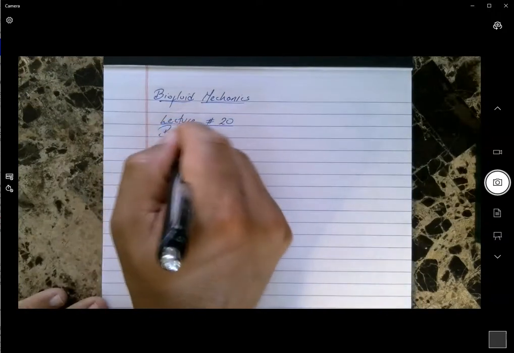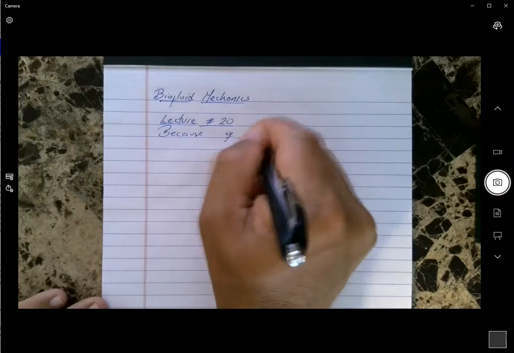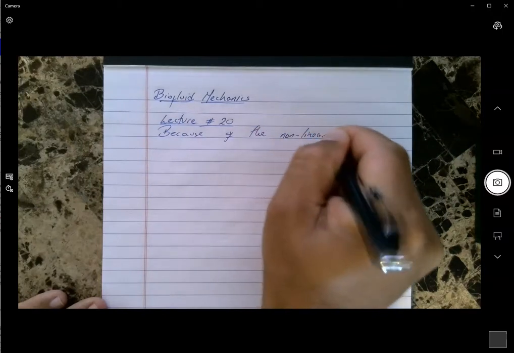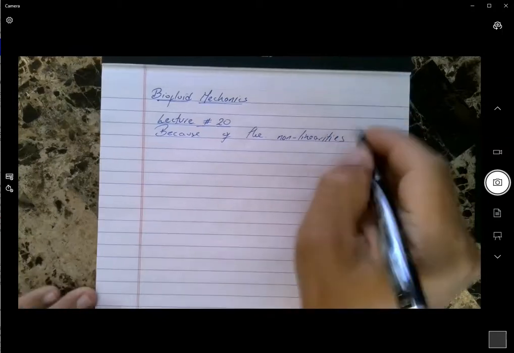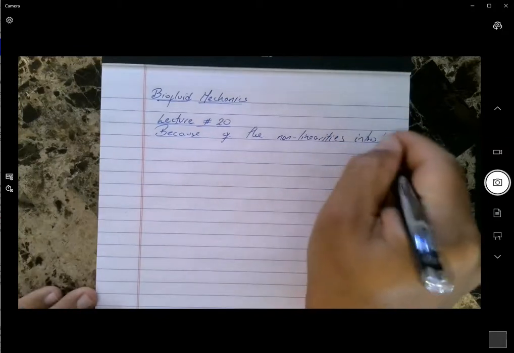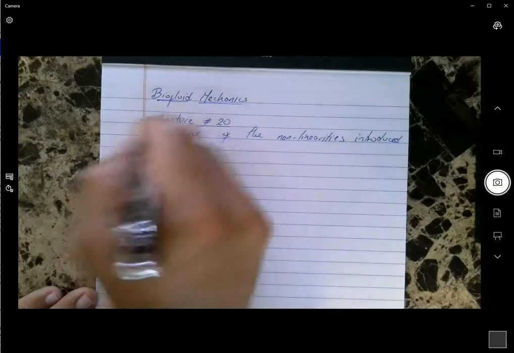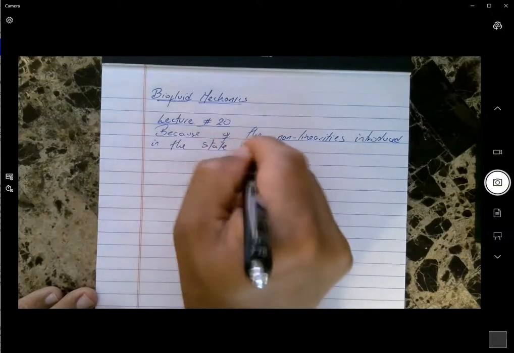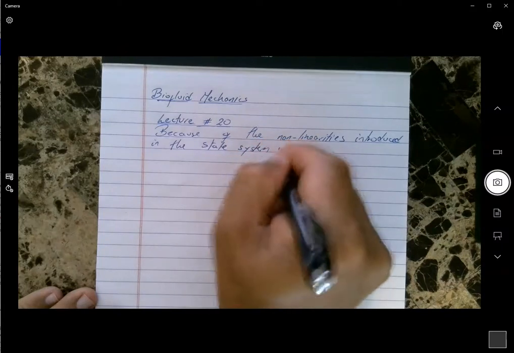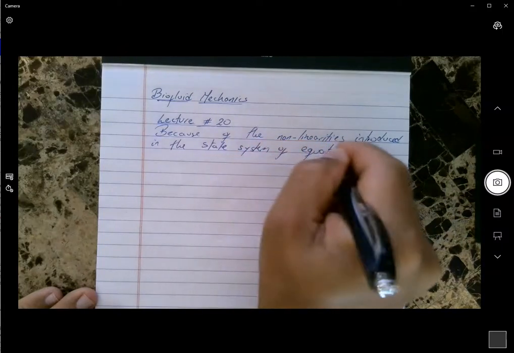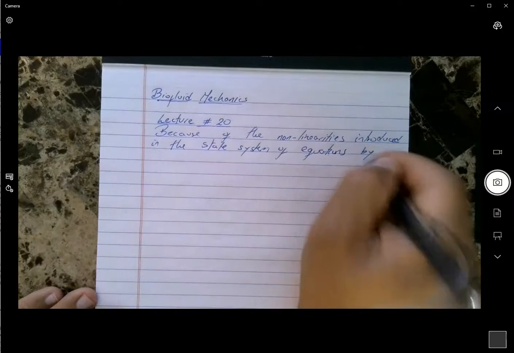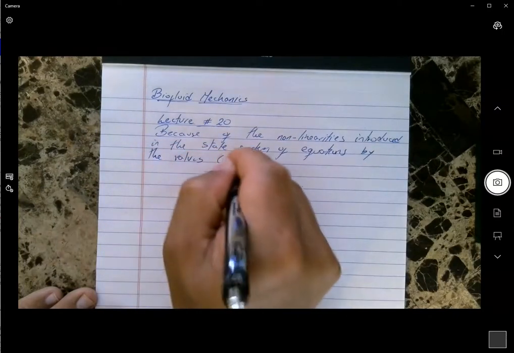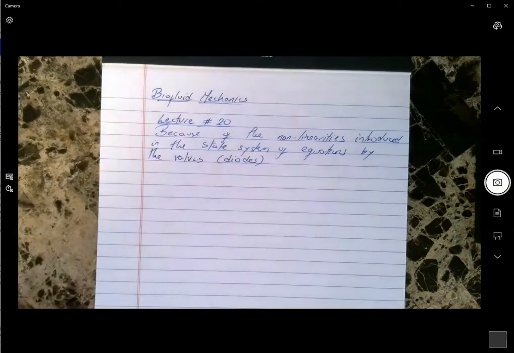Now, because of the nonlinearities introduced in the state system of equations by the valves, or diodes in the case of the electrical circuit.